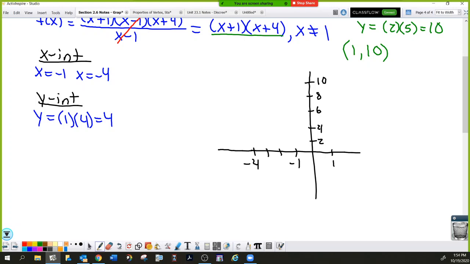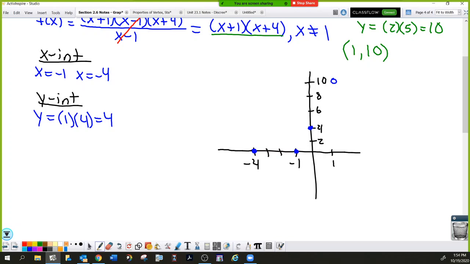We know for a fact we have an x-intercept at -1 and an x-intercept at -4. We know for a fact we have a y-intercept at y equals 4. And interestingly enough, we have a hole in our graph and removable discontinuity at the point 1, 10.